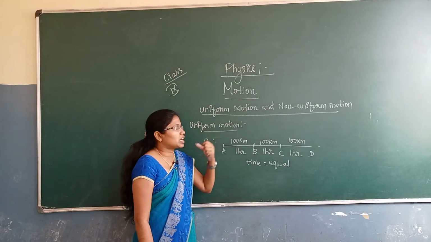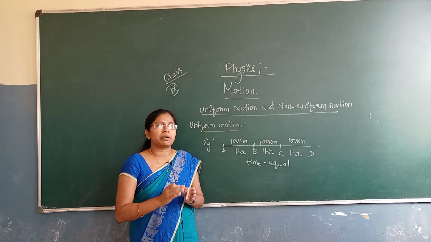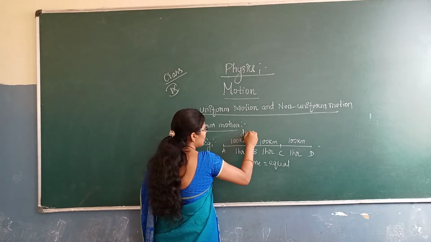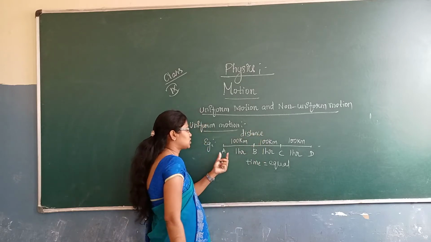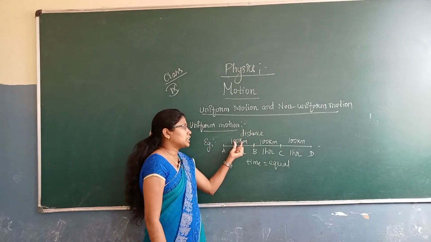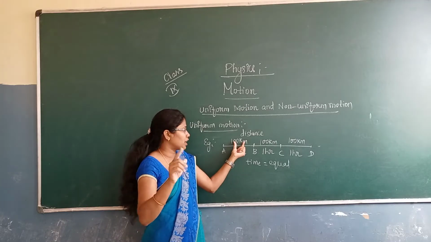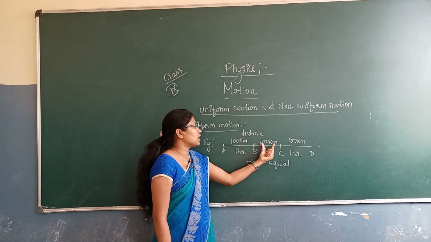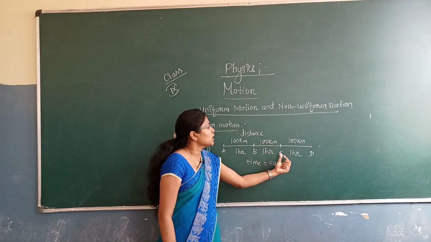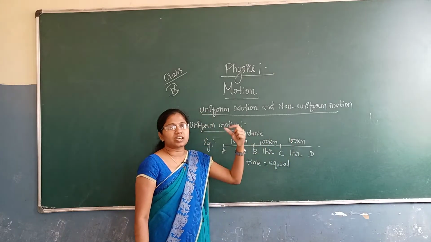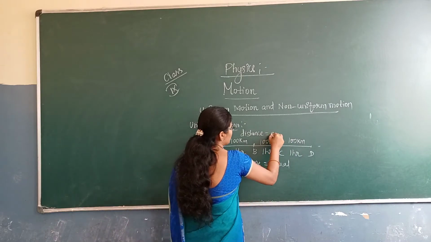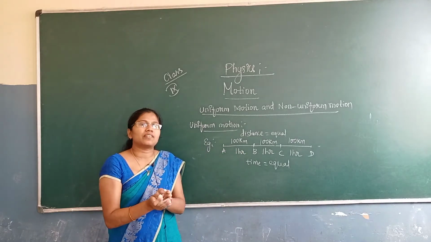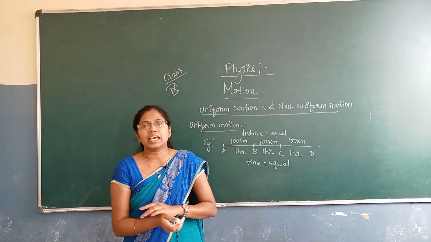Now we shall compare the distance covered at different instants. From A to B it has covered 100 kilometers, from B to C also 100 kilometers, and from C to D also 100 kilometers. So we can say the distance covered by the object is also equal.